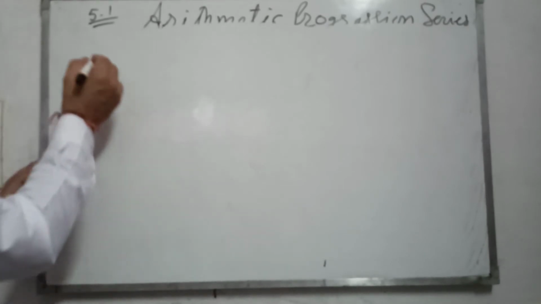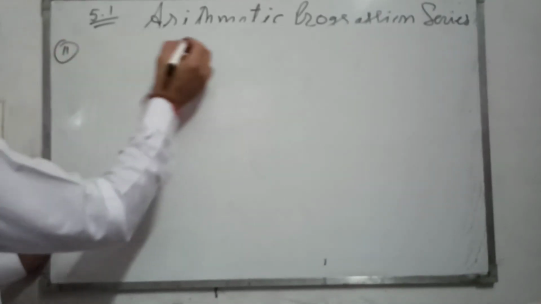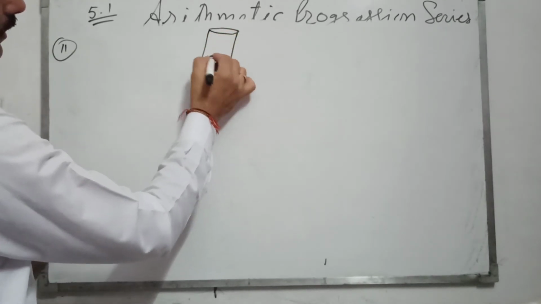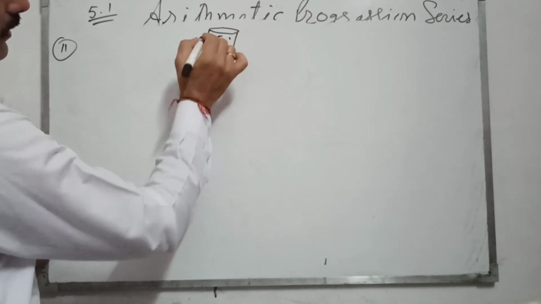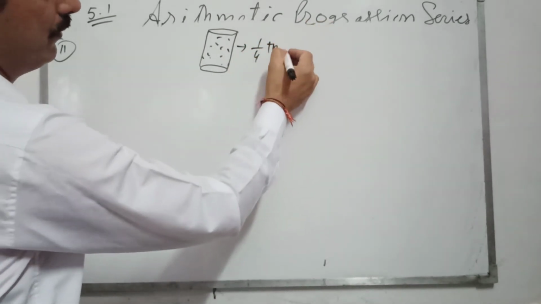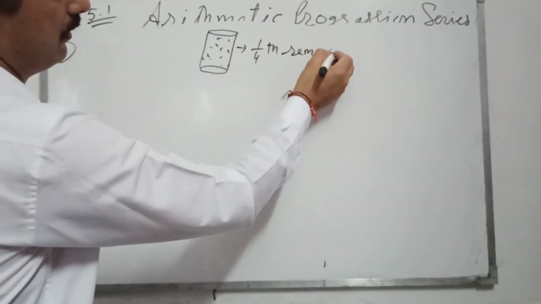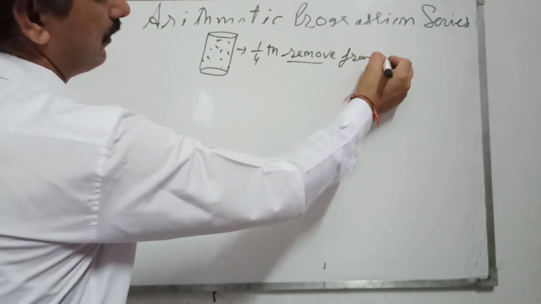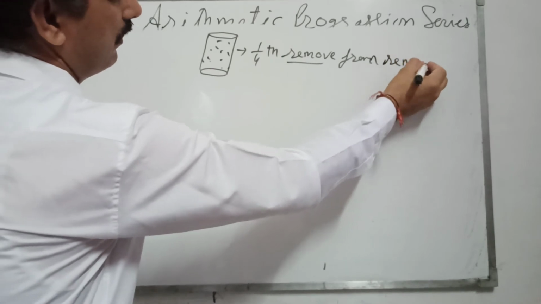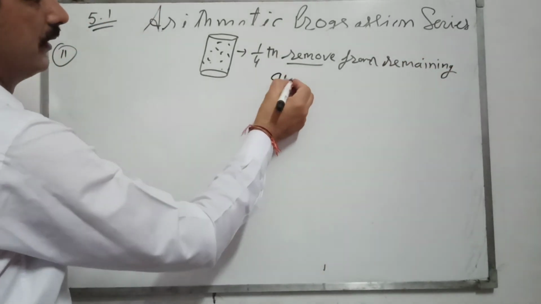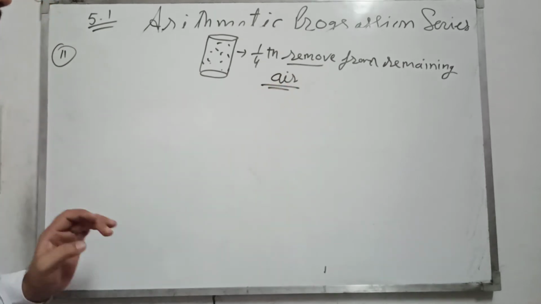This is the second part. It's a cylinder containing air, and 1/4 is removed from the remaining air. That is the basic logic of the question.